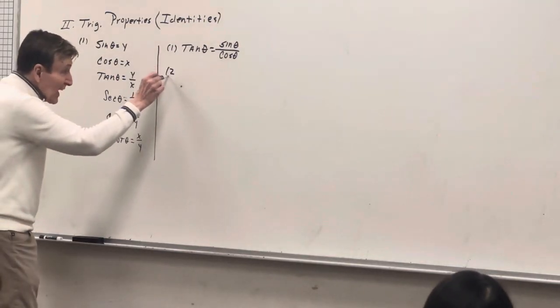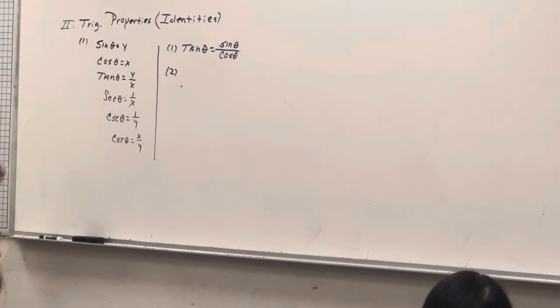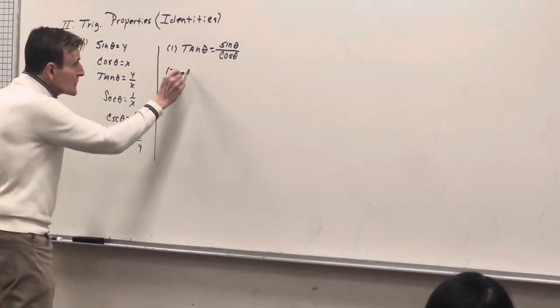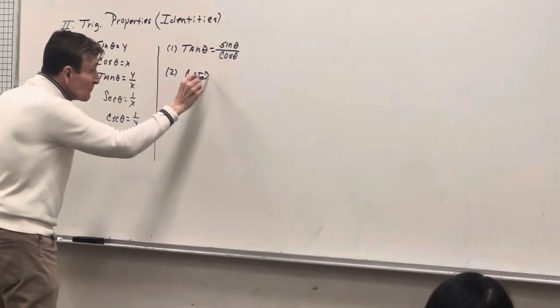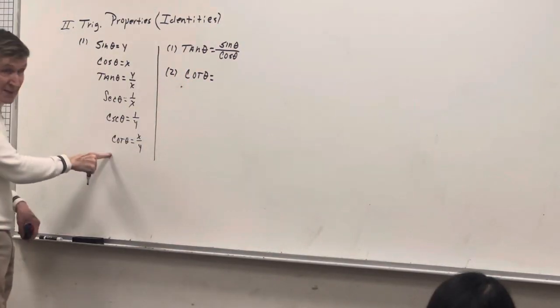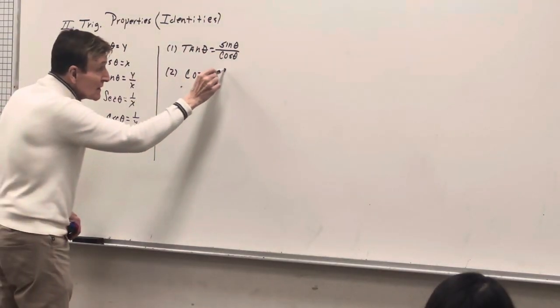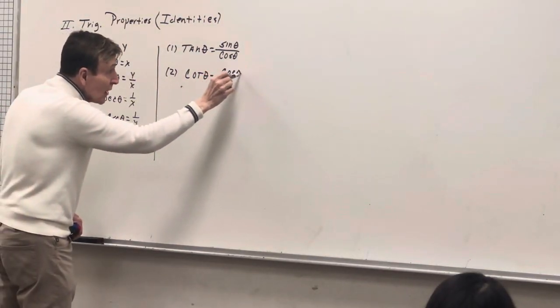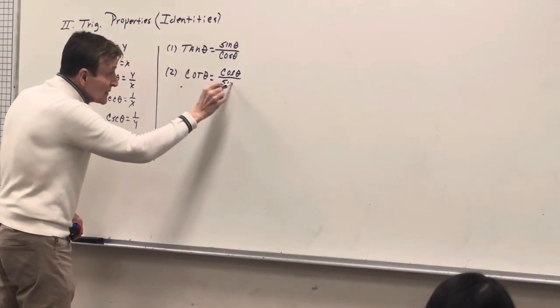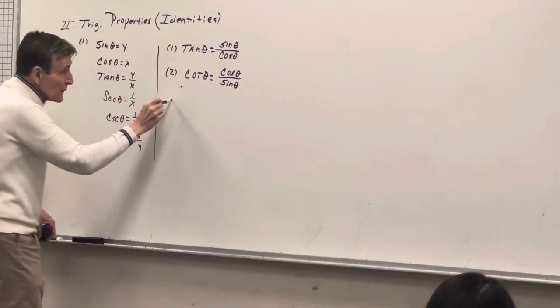Does anyone see any other relationship that may be happening among those? Cotangent. We express cotangent by definition to be that. Then I could write this as what? Cosine over sine. Identity number 3.